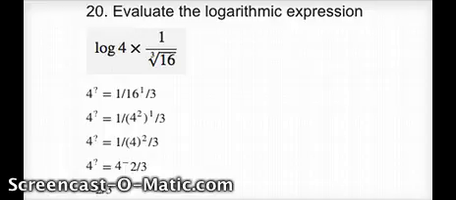Then you're going to take your fraction and flip it so that you have the 1 on the bottom, making it a whole number. So you turn your exponent into a negative, and you end up with 4 to the something power equals 4 to the negative 2/3. And using this, the 4's will cancel out, and you're left with your answer as negative 2 over 3.